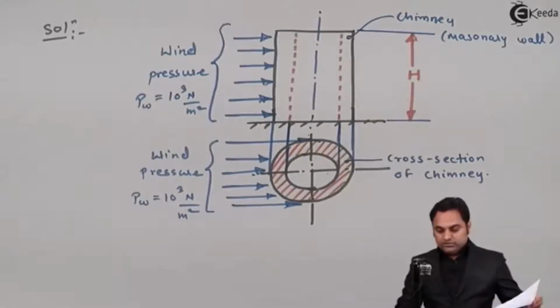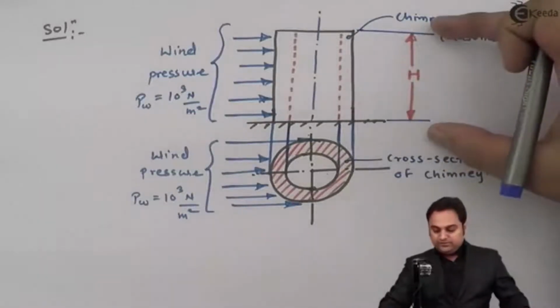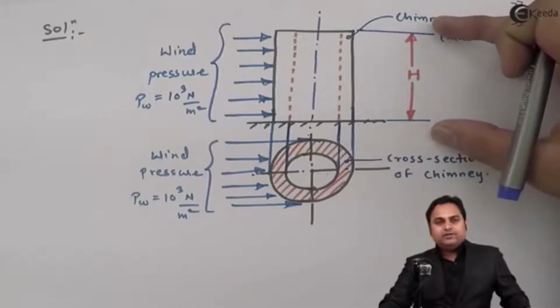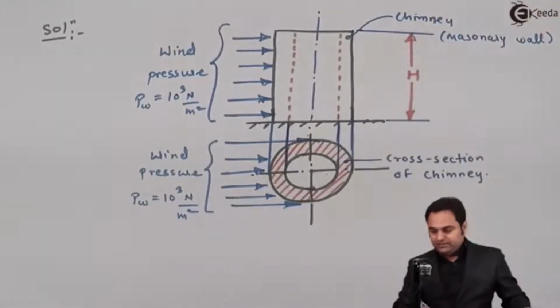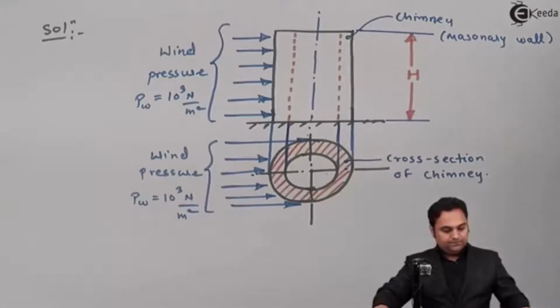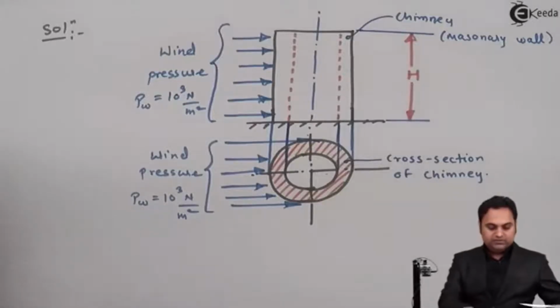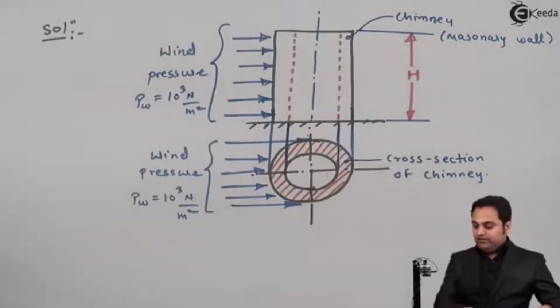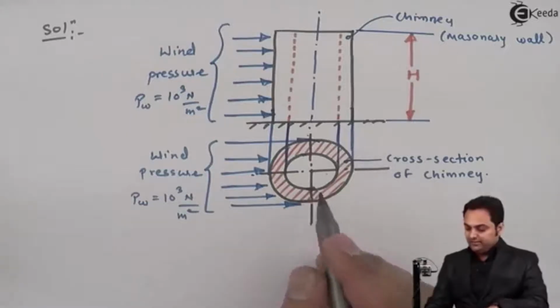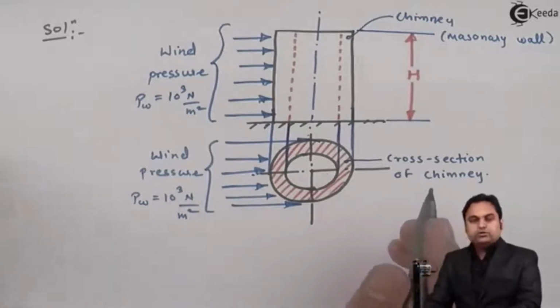Now the question is to find the maximum height of this chimney, and for that they have given the no tension condition. First of all, once we have the values of external and inner diameter, we'll calculate the cross section area.